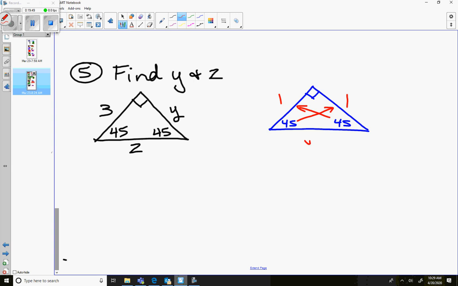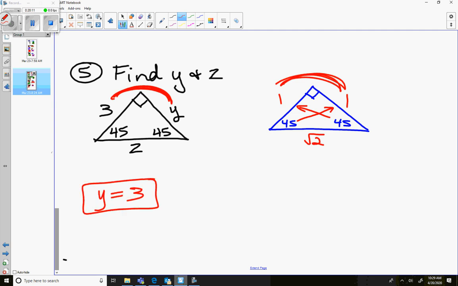The hypotenuse is the square root of 2. Now, in this case, looking for y and z. 3 and y are both the legs. They're the same thing. So I don't really need to do any work. I already know y is 3.